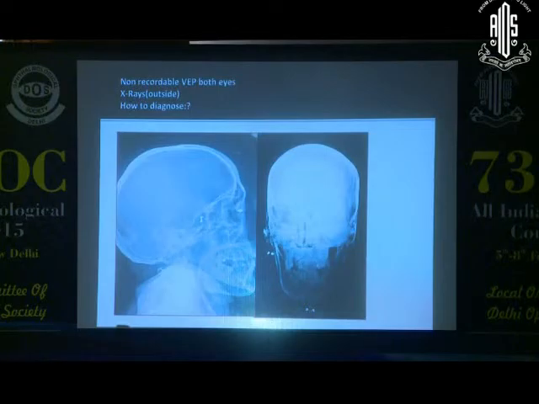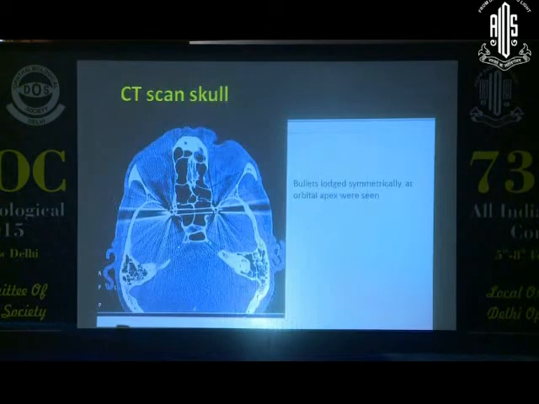So what would be the best modality to go ahead with in this kind of picture? Well, of course, CT. MR is not the modality if you have metallic things in the brain or wherever in the scanning volume. So on CT, what you see here is that there are pellets. This guy was caught in the crossfire. So the bullets ended up being symmetrically right at the orbital apex.